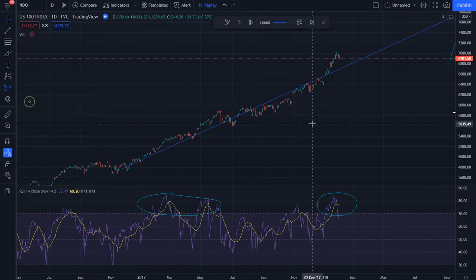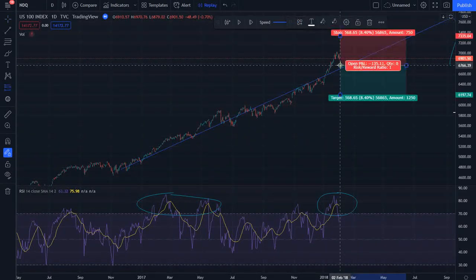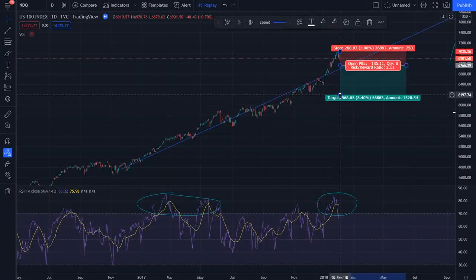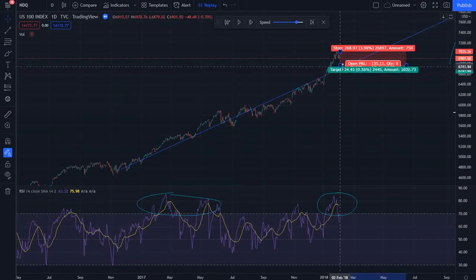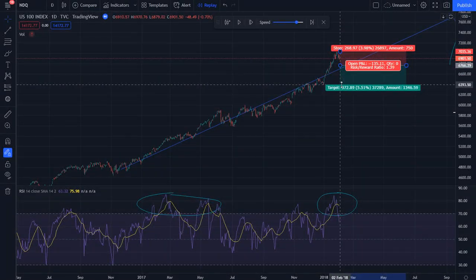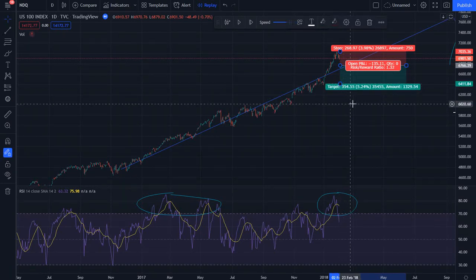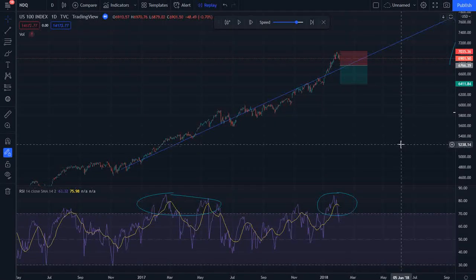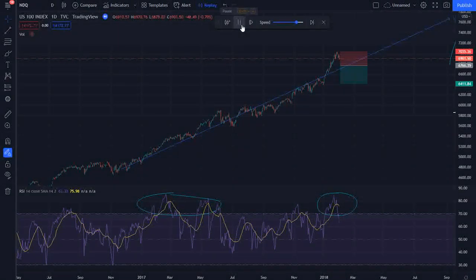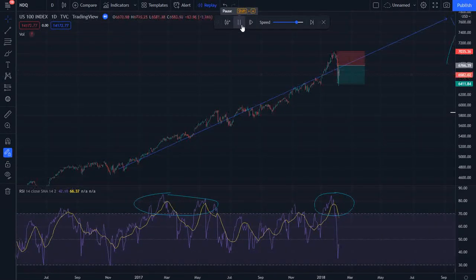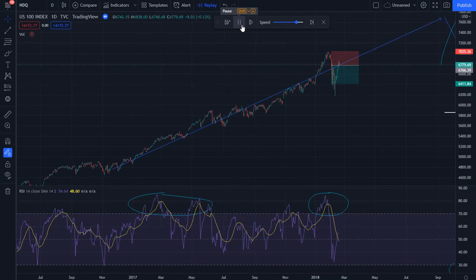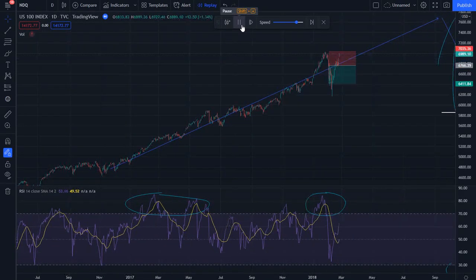So if you are going to be selling here, let's say I put my sell stop here, and you want to sell all the way to the next, let's say, support level. So here, okay, so this is what you're talking about. Now let's take a look at what happened. Okay, the market will do what it does, and actually we hit it. Okay, but look what happened if you keep it running.